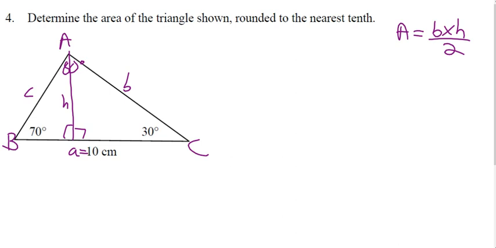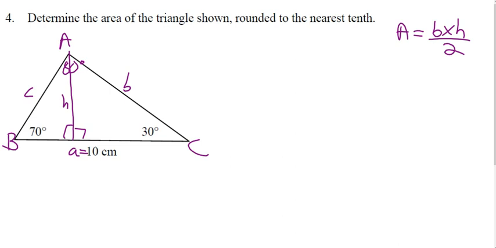I know that the sine of 30 is a half, which means if I take h and double it, I've got my side. But it doesn't matter, right? You can use the sine law either way. So we're going to find little b.